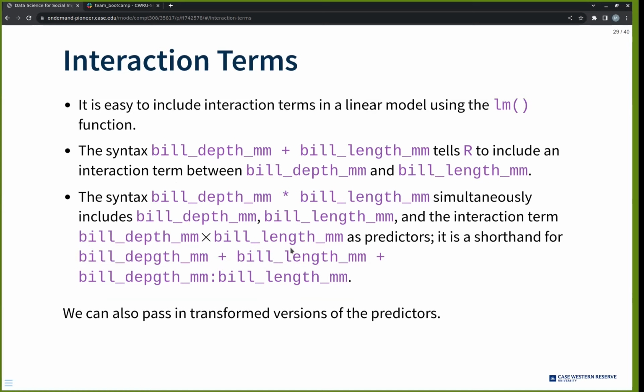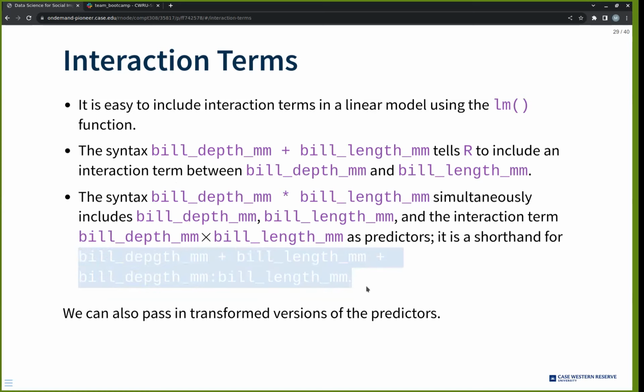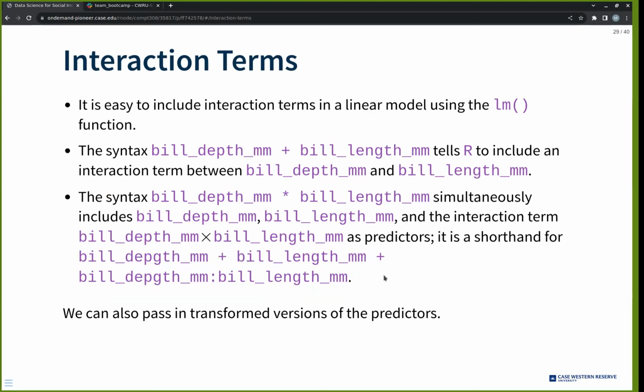So you don't have to write out three different terms, like bill depth plus bill length plus the interaction of these terms. You can directly say bill depth asterisk bill length, and it will include these two separately as well as their interaction in the model.